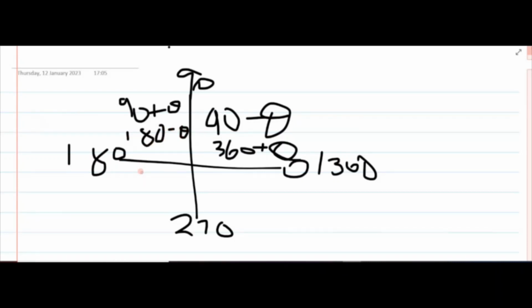If you notice, going in an anti-clockwise direction, we add because the numbers increase: 90, 180, so 100, 110, that's why it's 90 plus theta. Going backwards, numbers decrease, that's why it's 180 minus theta.